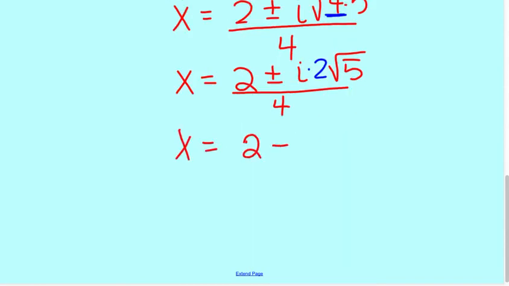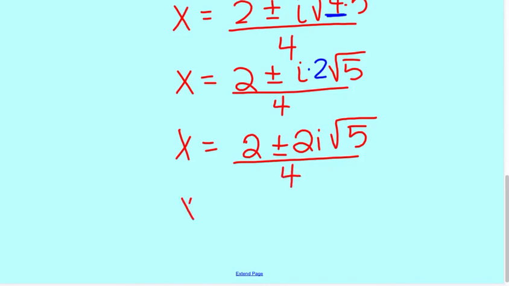I'm going to go ahead and simplify. i times 2 is 2i, all over 4. And I'm going to separate that fraction out into two pieces: 2 over 4 plus or minus 2i square root of 5 over 4.